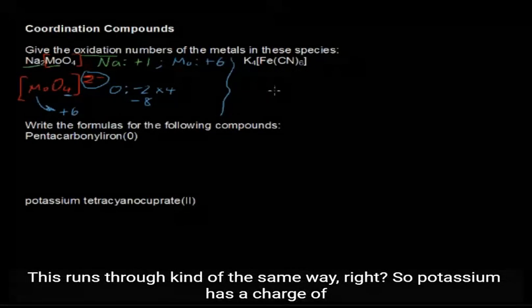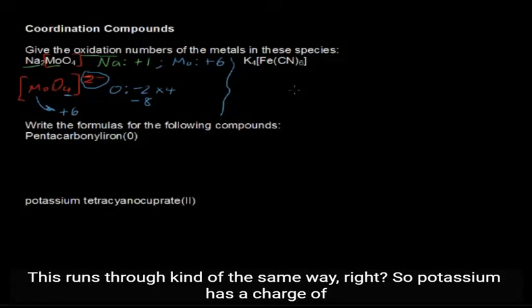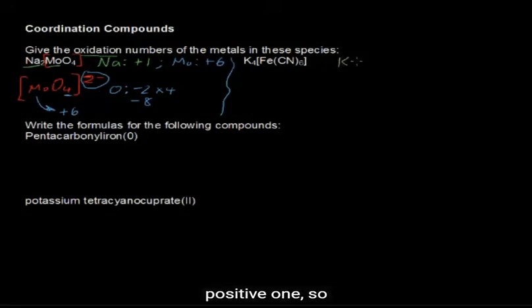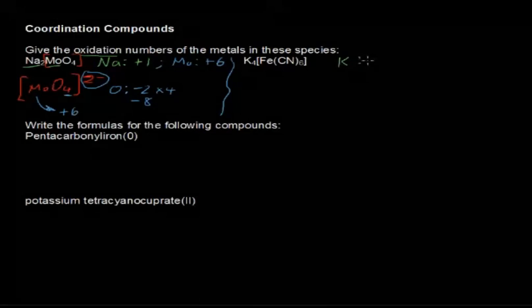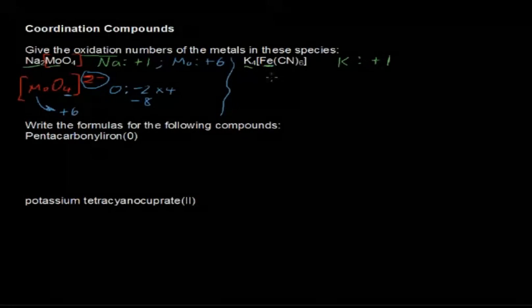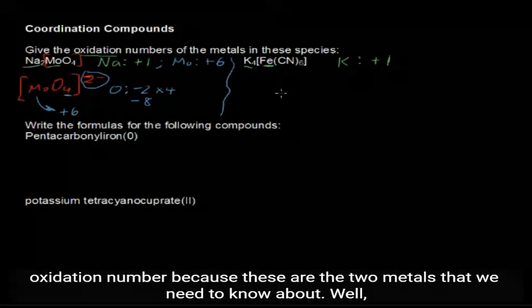Next example, K4Fe(CN)6. This runs through kind of the same way, right? So potassium has a charge of +1. So that's the oxidation number for potassium. We also need to know the iron oxidation number because these are the two metals that we need to know about.